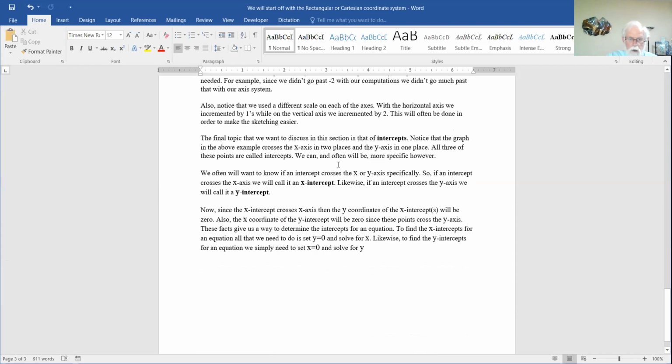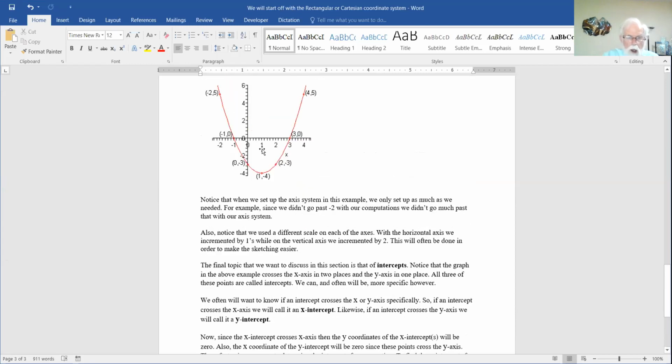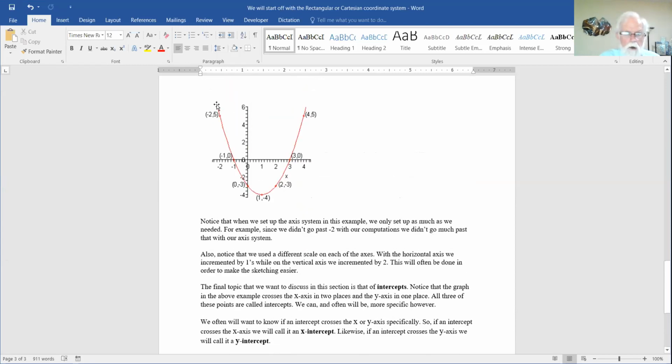Okay. So where the line that we draw crosses these axes is called the intercept. That's a mathematical term that just means where it intersects with the axes of the graph. So that's a term.